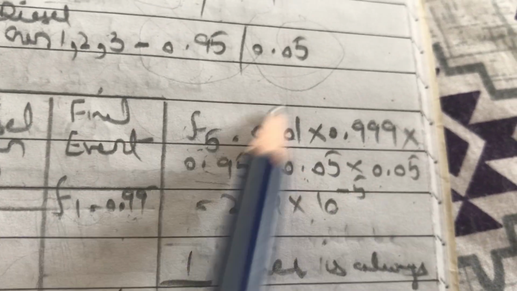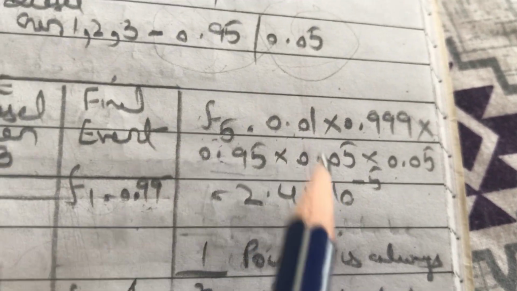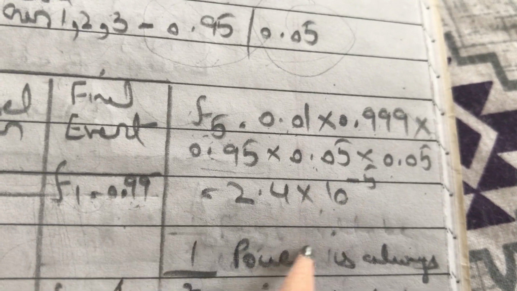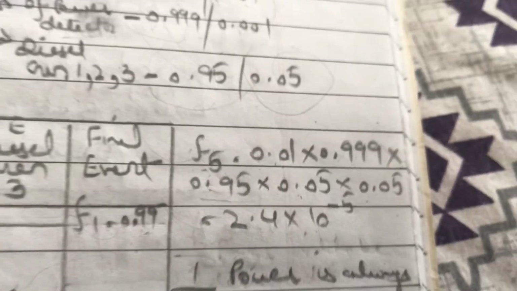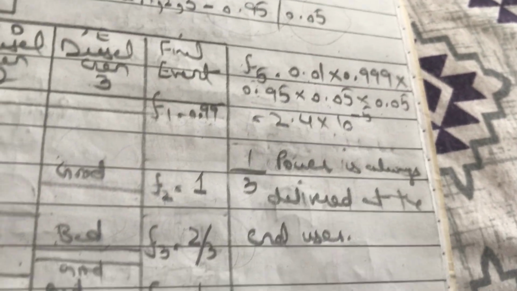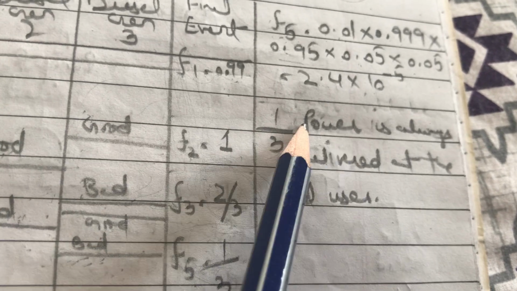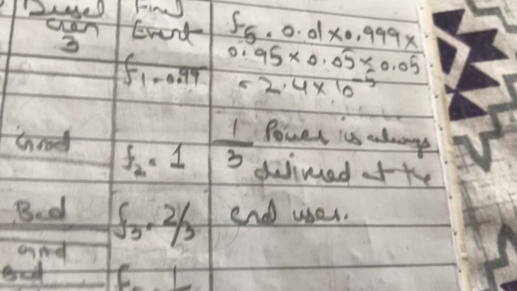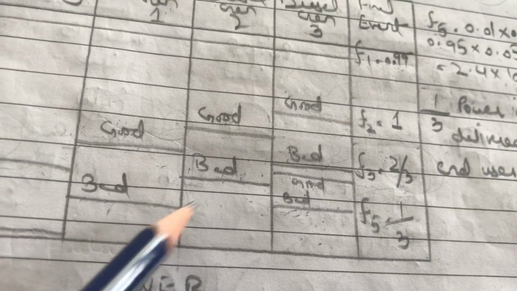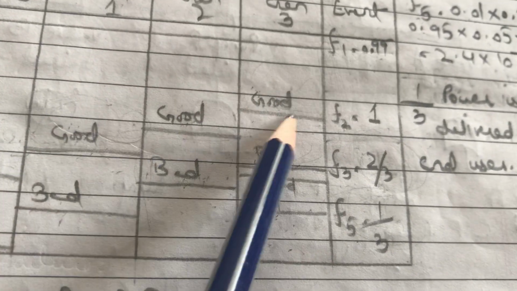So when we multiply all these 5 terms, we get 2.4 into 10 to the power minus 5. We got this. And what we find out is that 1/3 power is always delivered to the end user, because only one is working and two are not working.